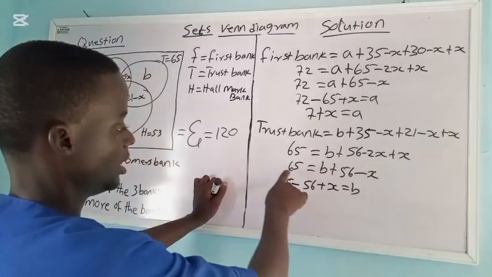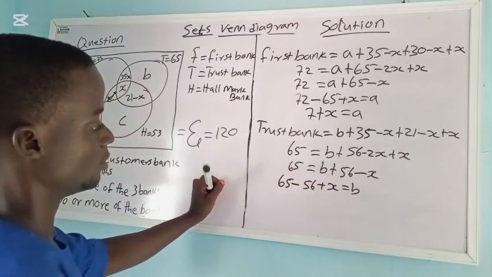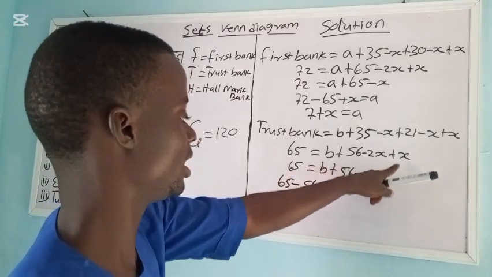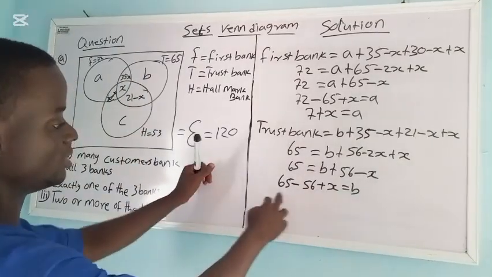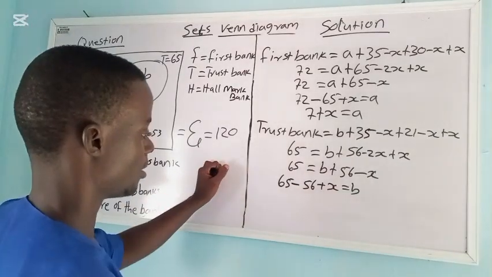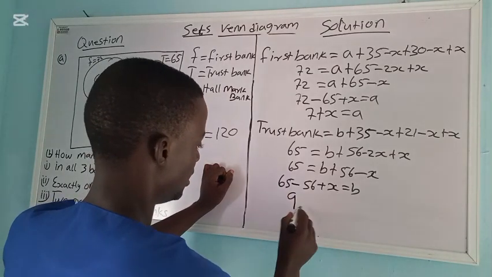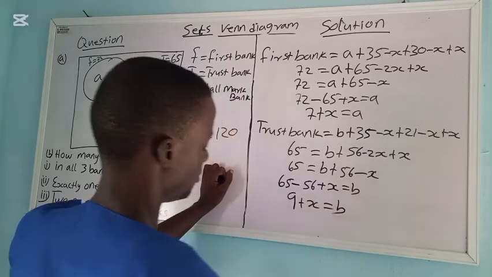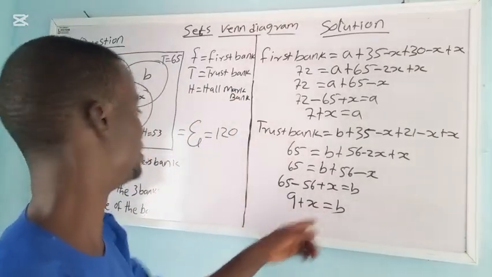Then minus 2x plus x gives us this, and then I carry it to this side and the sign changes. So this one will be 9 plus x. So now we have found B.